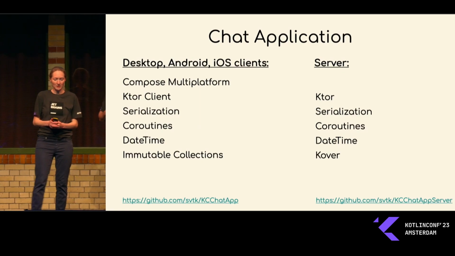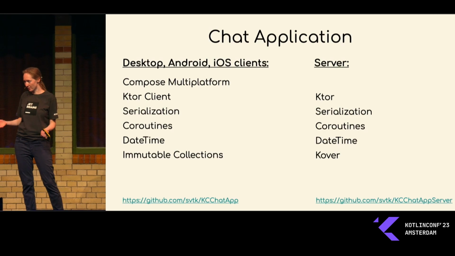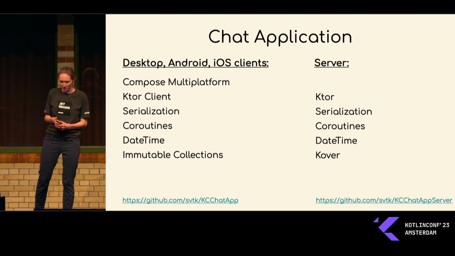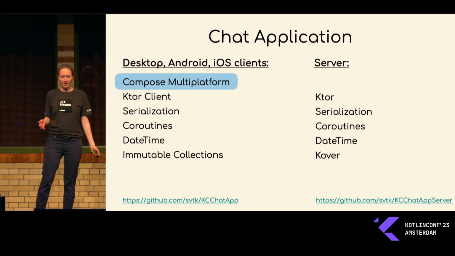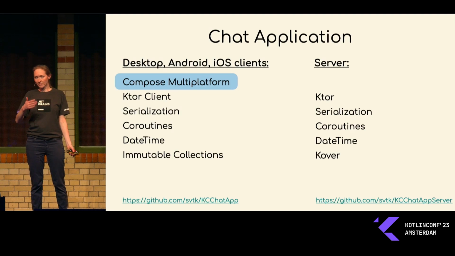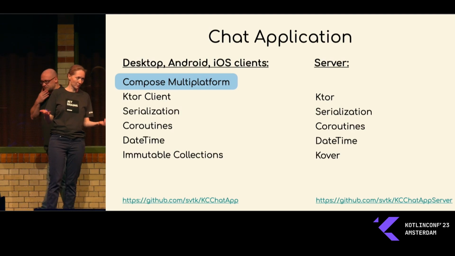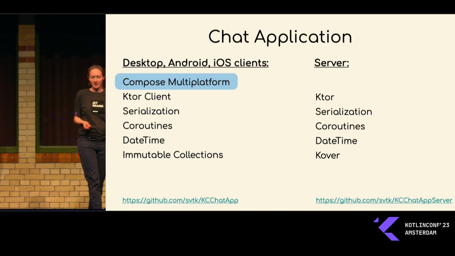So how is it implemented? On clients, we use Compose Multiplatform. We use Ktor for networking, and the set of KotlinX libraries that we're going to discuss today. On the server, we use Ktor and the same set. Compose Multiplatform, if you're interested, explore the implementation. This sample app will be available for you to dig in and to see how it works.